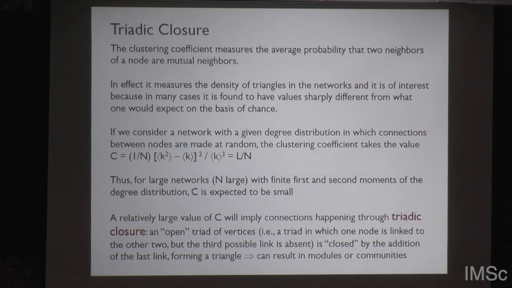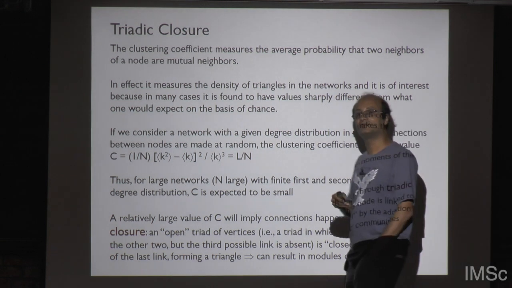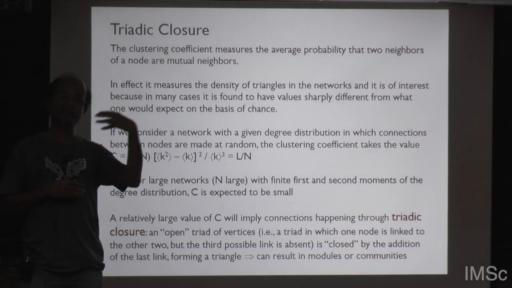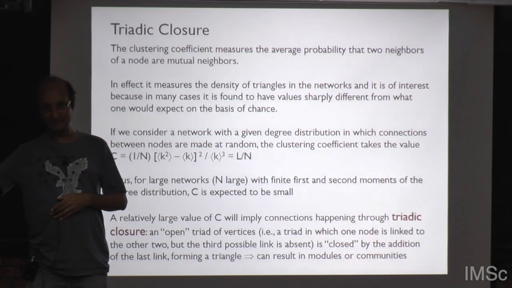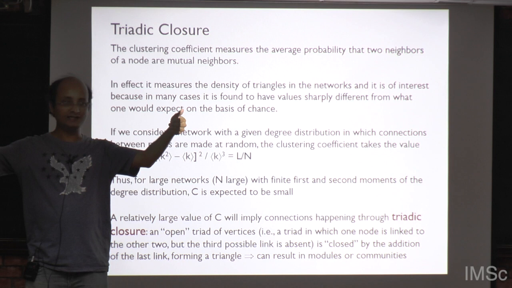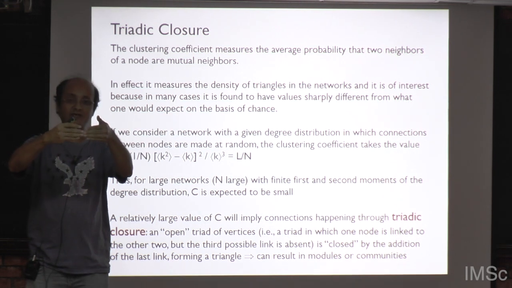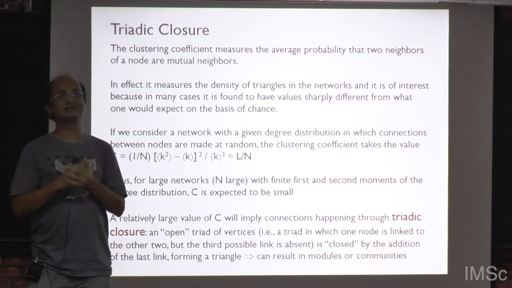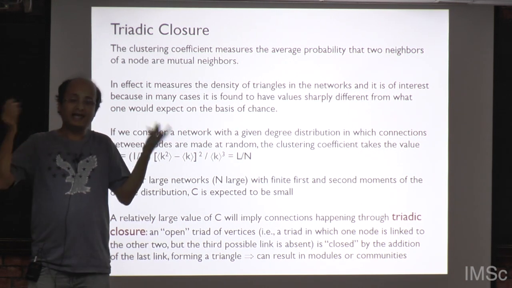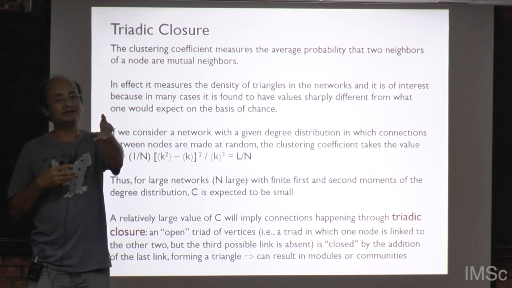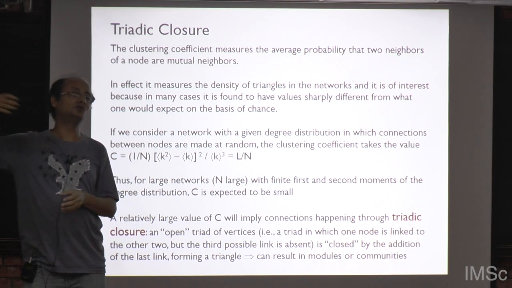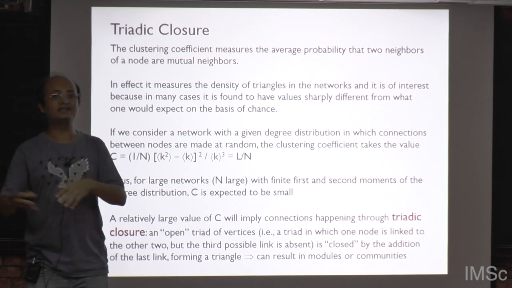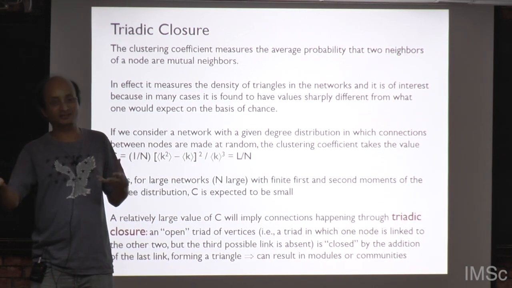The concept of triadic closure originally arose in the field of social networks, where the idea was that suppose you are friends with A and you are friends with B, that makes it very likely for A and B to eventually become friends because you are the common link. Now you might ask, how is that possible? Well, if I have lots of common friends with some other person with whom I don't yet have a connection, chances are that eventually I will meet this person in some social setting and form a friendship.